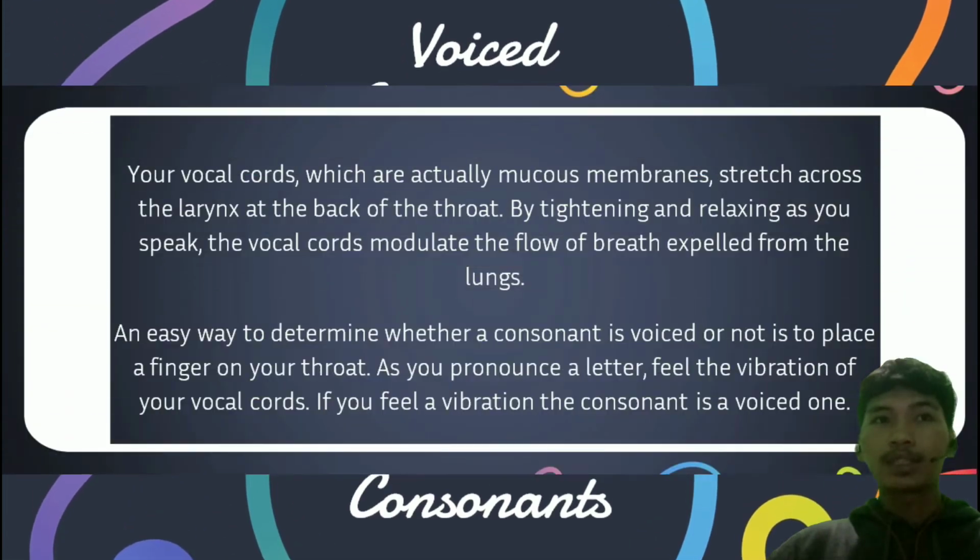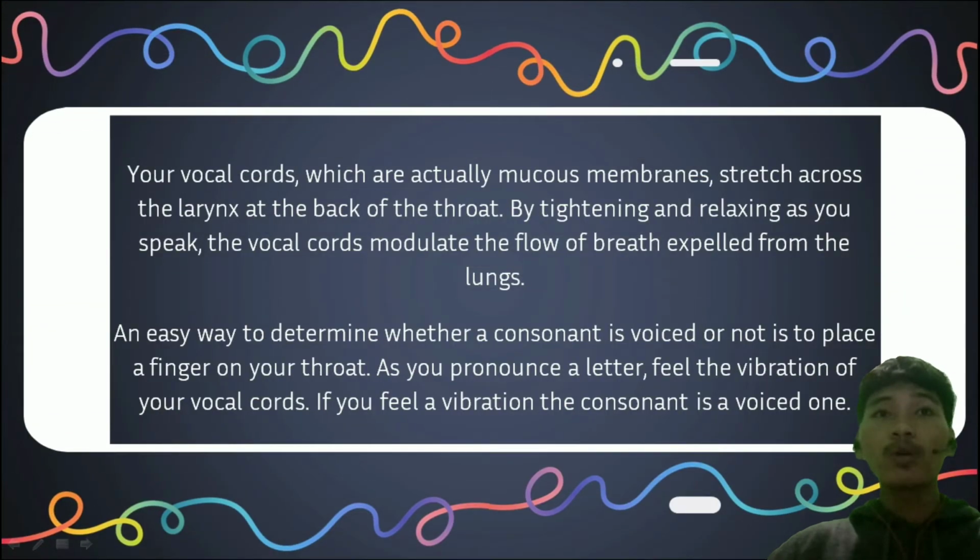Voiced consonants. Your vocal cords, which are actually mucous membranes, stretch across the larynx at the back of the throat, tightening and relaxing as you speak. The vocal cords modulate the flow of breath expelled from the lungs.